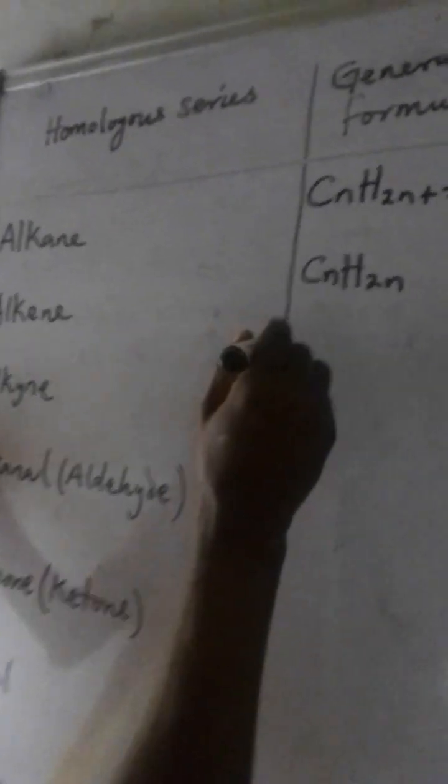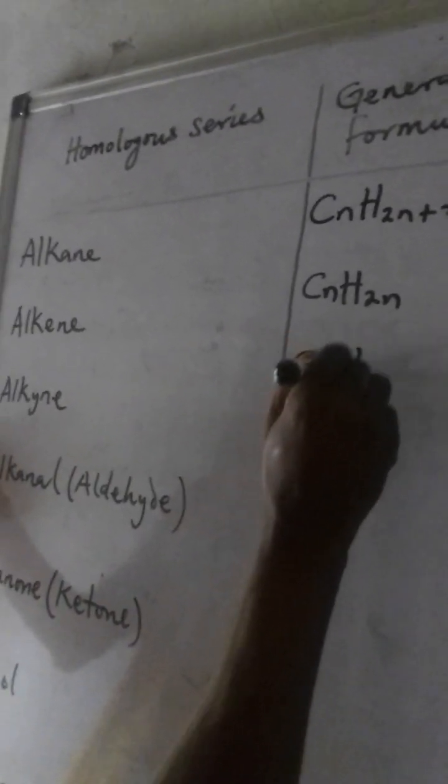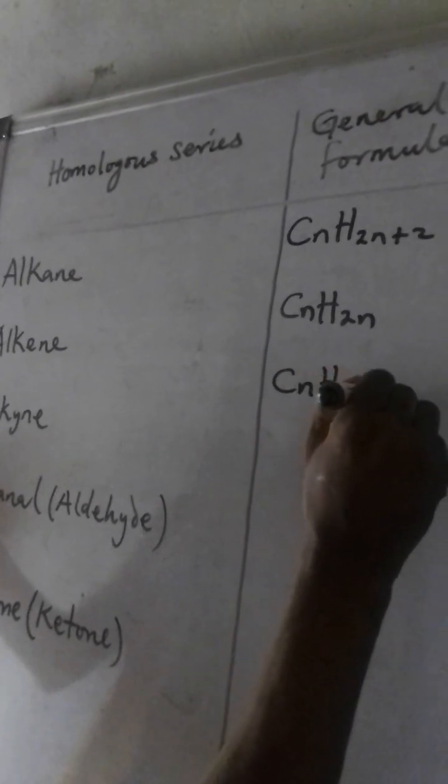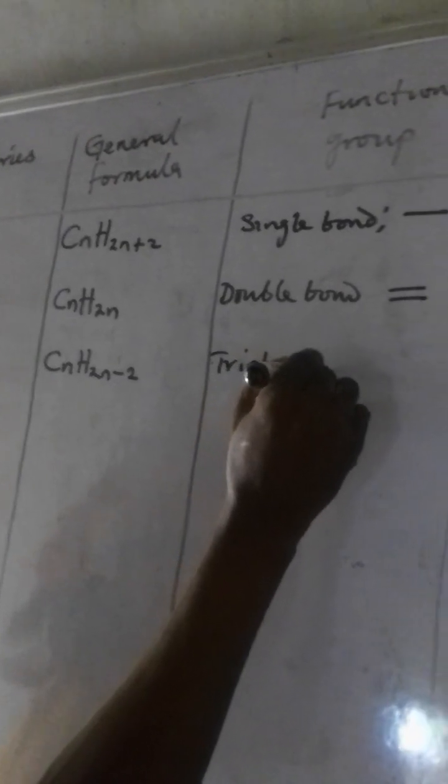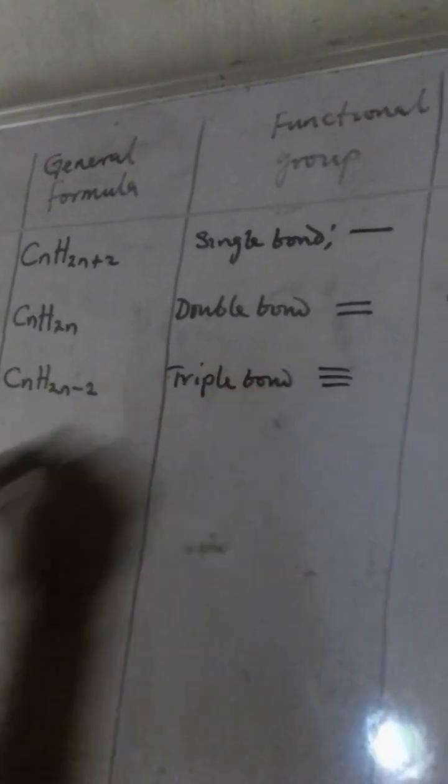We go to alkyne. Alkyne, the general formula is CnH2n-2. That is alkyne. And the functional group for alkyne is triple bond. Triple bond this way. So let's look at a member. Remember, triple bond must exist between two carbon atoms.